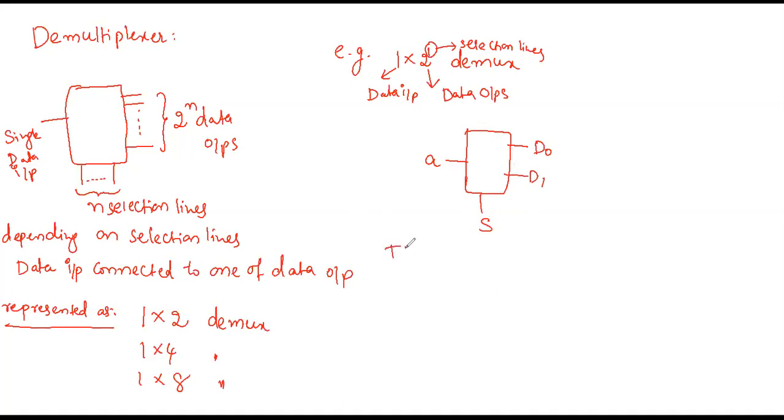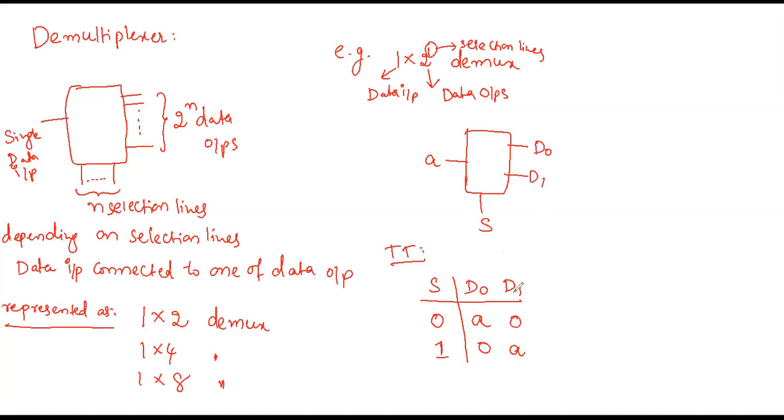The truth table: depending upon the selection line, outputs are D0, D1. If S is equal to 0, D0 will be A, D1 is 0. The input will be connected to D0 if S is equal to 0. If S is equal to 1, the input is connected to D1, so D0 is 0, D1 will get whatever the A value.